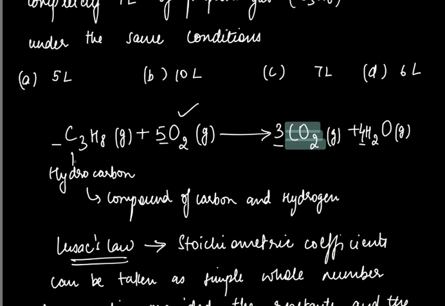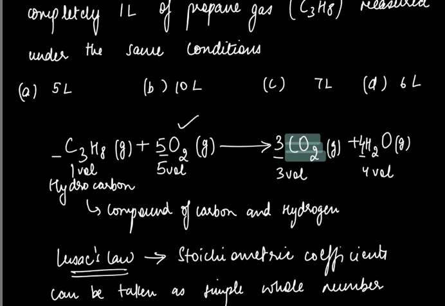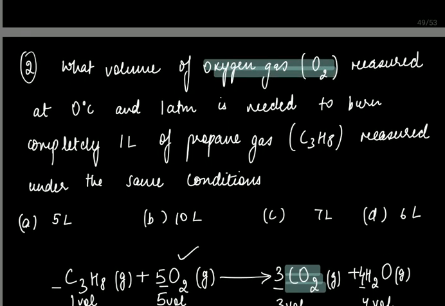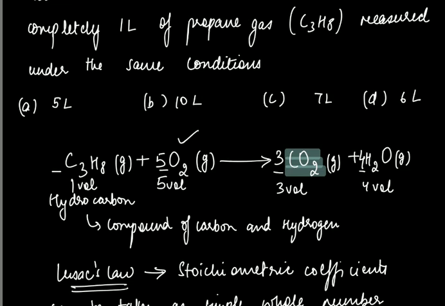So this propane will be one volume, because there is only one coefficient over here which I didn't write, no need to write. And 5 volumes of oxygen react together to give 3 volumes of carbon dioxide and 4 volumes of water. Now, they are asking what volume of oxygen gas. We figured it out just by balancing.